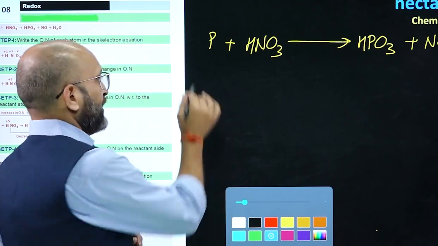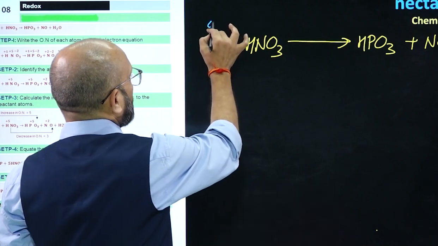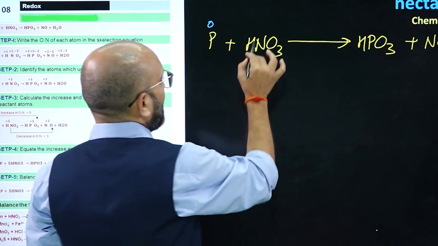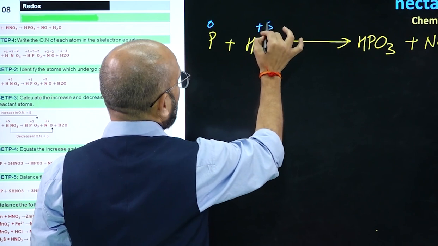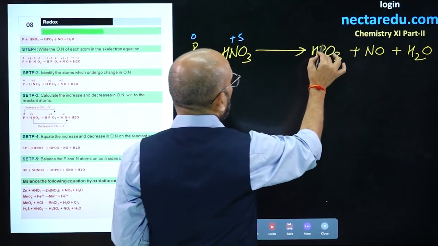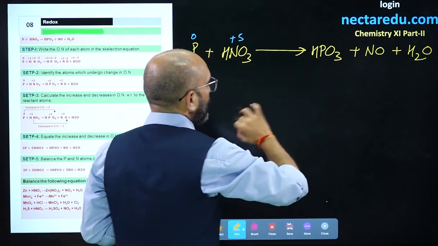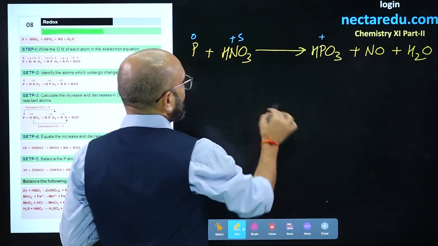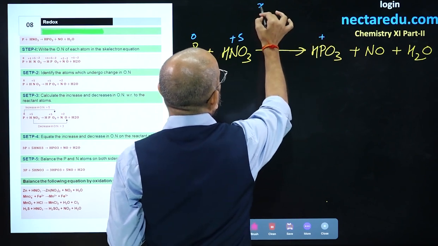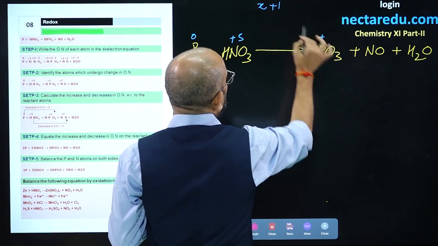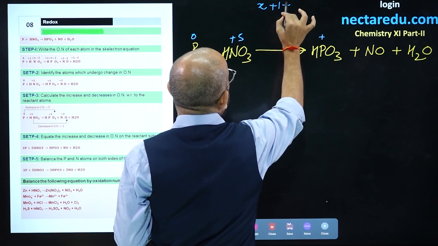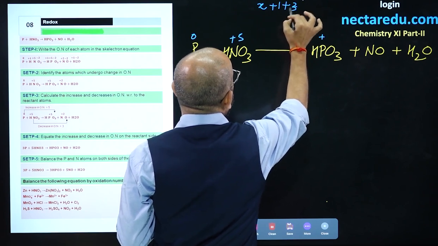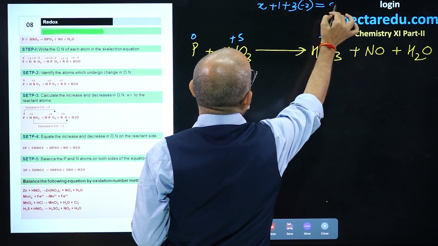So for example, in this reaction you will have oxidation number of phosphorus at 0 and nitrogen in nitric acid has oxidation number 5. Here phosphorus in HPO₃, let's calculate. Phosphorus has X, plus 1 of hydrogen, and 3 into -2 for oxygen, equals 0.